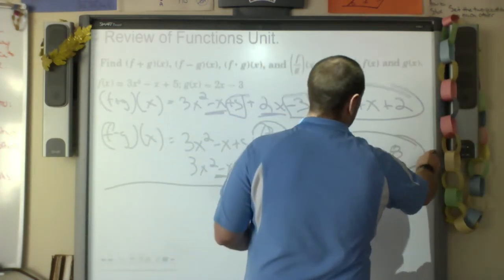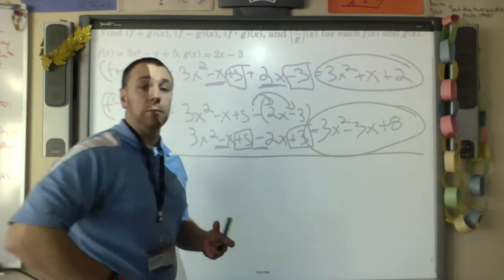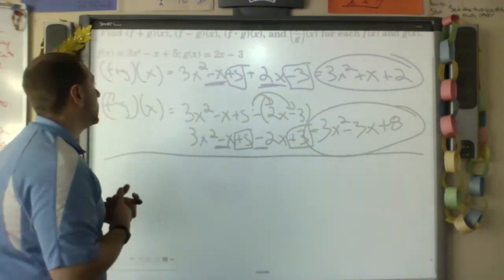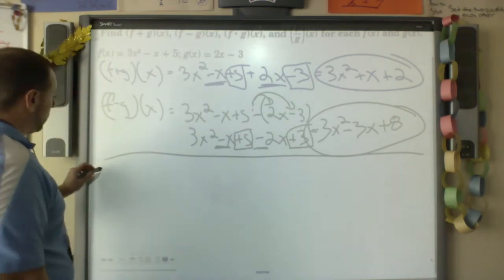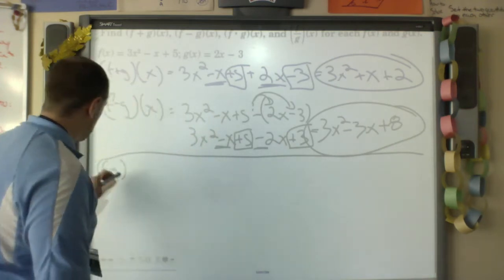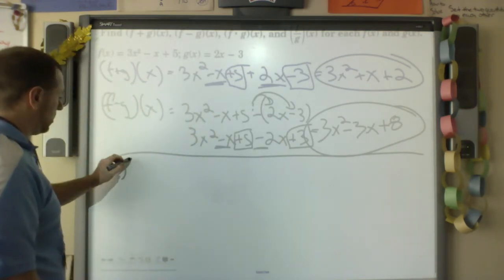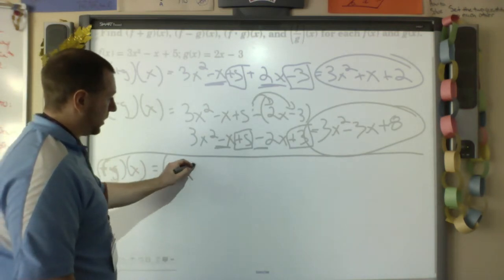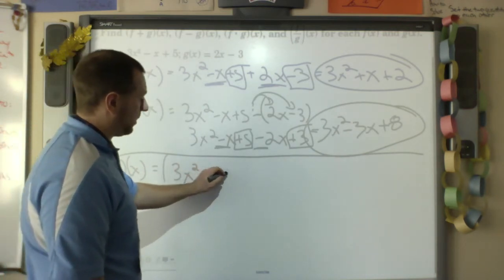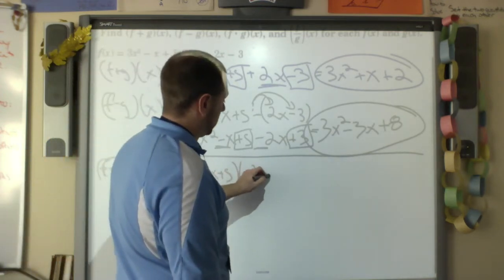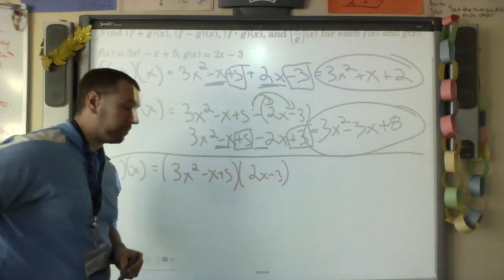The next problem deals with multiplication, which requires the distributive property. So I would do f times g of x equals this 3x squared minus x plus 5 times this 2x minus 3, my g function.